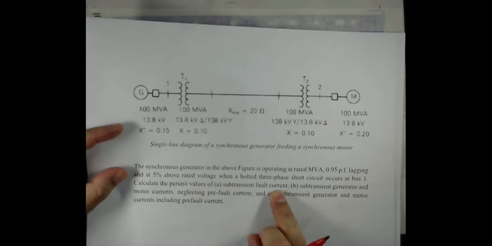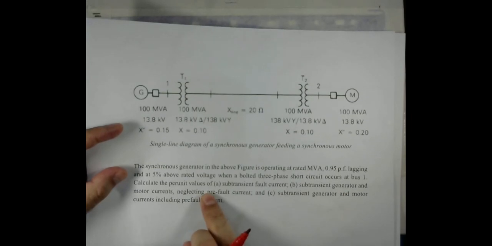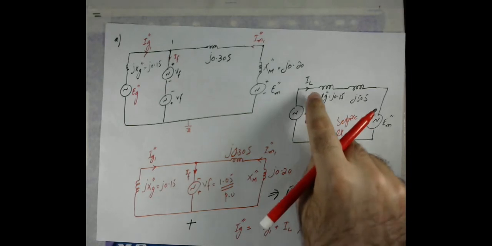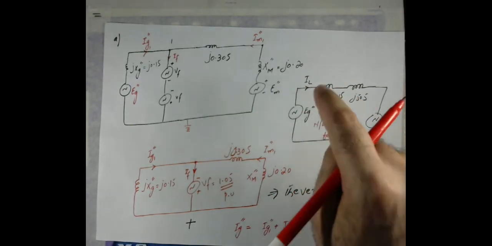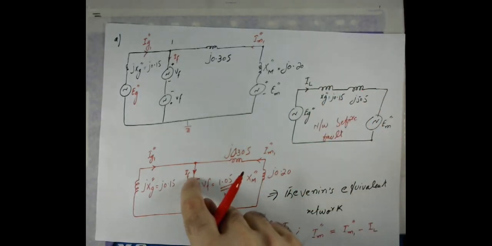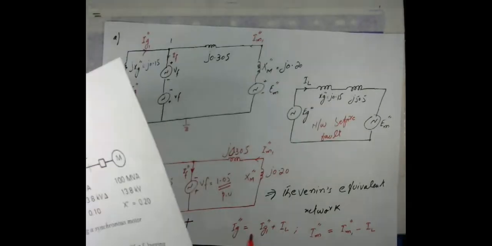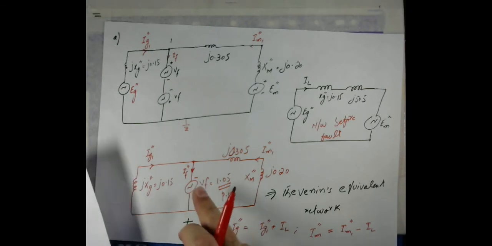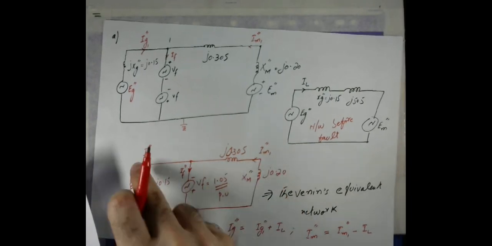We also need to find the subtransient generator and motor currents, neglecting the pre-fault current, which was the load current, and in the other case we also have to account for this current. Let me represent the subtransient fault current with IF double prime. So we have to find this current, and in the second task we have to find these components of the current.